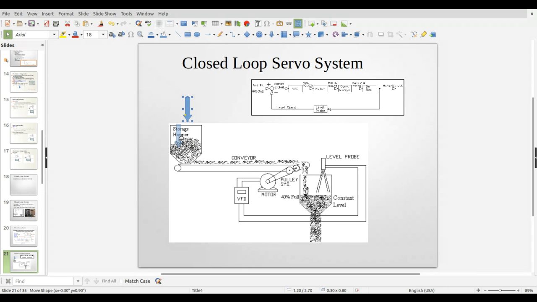So we have a bunch of salt inside of this hopper, and then we have this conveyor. We're running this down here, and we have a level probe here to measure the height in this funnel.